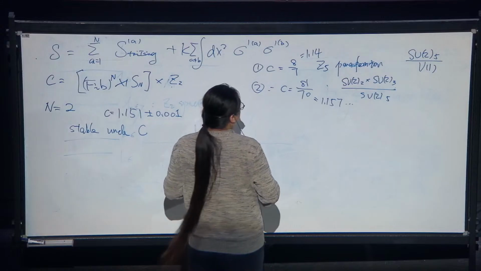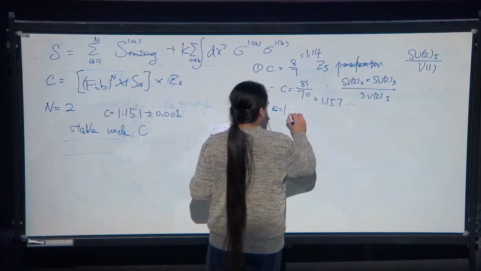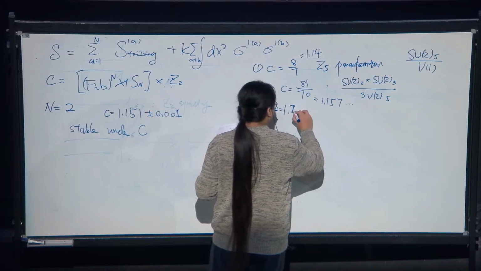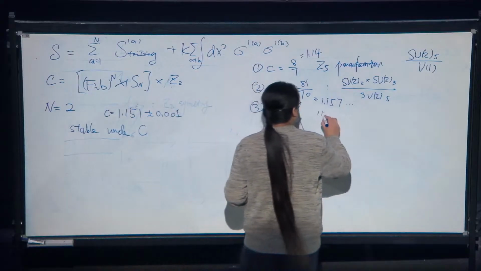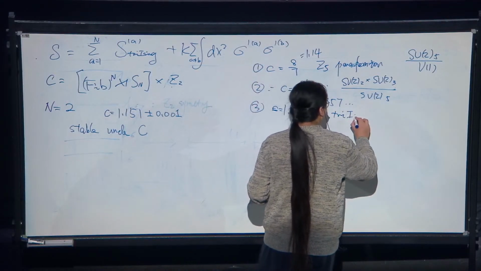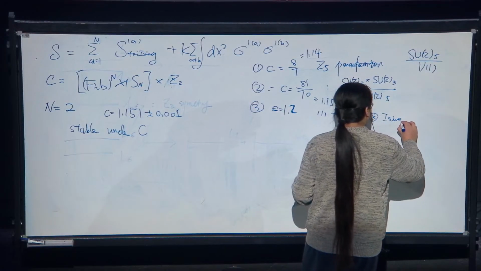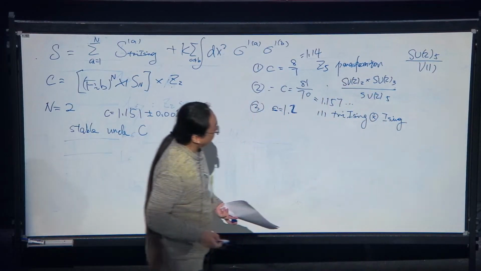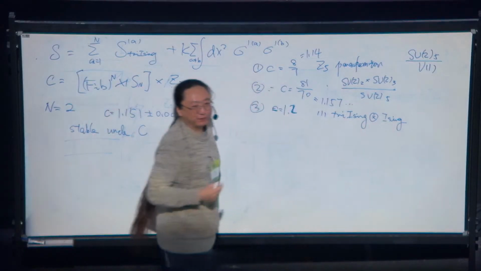Next one is actually already c equal to 1.2. There are two models here. One is tricritical Ising tensor product with Ising. This guy has 1.2 because this one is 0.5 and that one is 0.7, so it's 1.2.